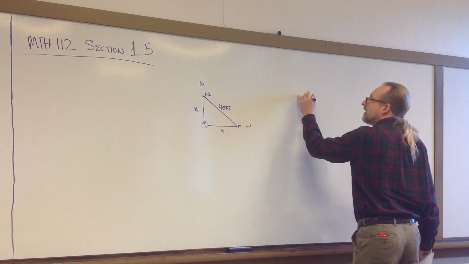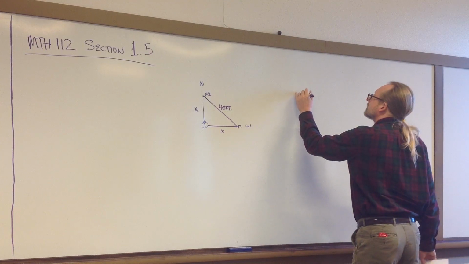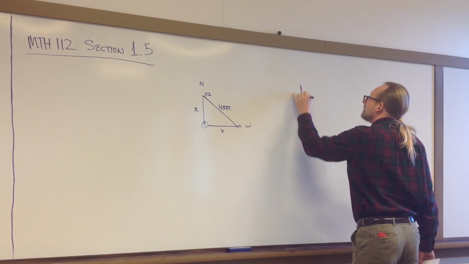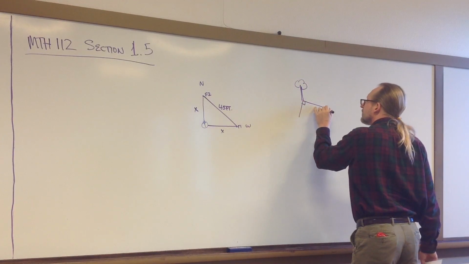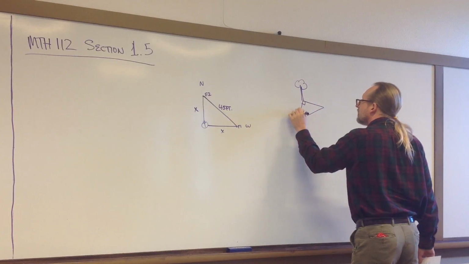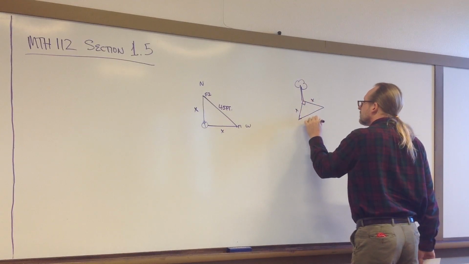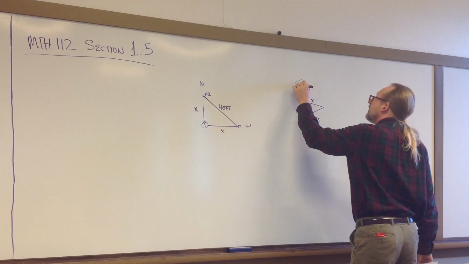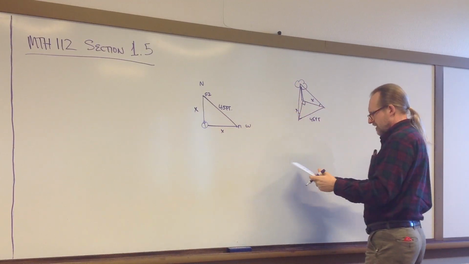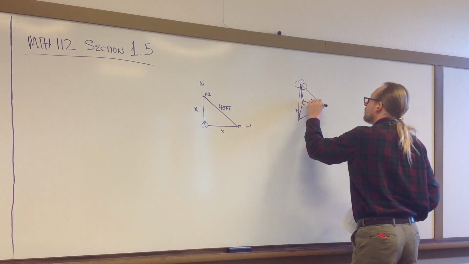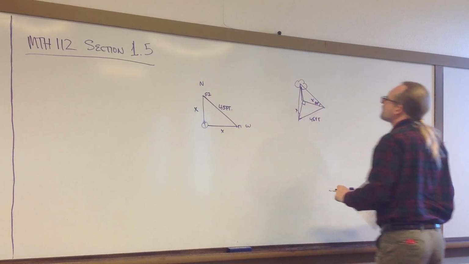So what we've got there is a situation, let's see, here's the tree. There's one forester, there's another forester with a right angle. We know that these are the same and that this is 45 feet. And then we've got these angles of elevation here and here, which are both 40 degrees.